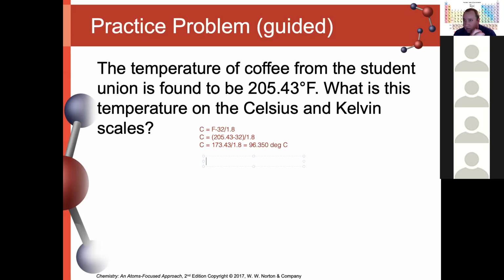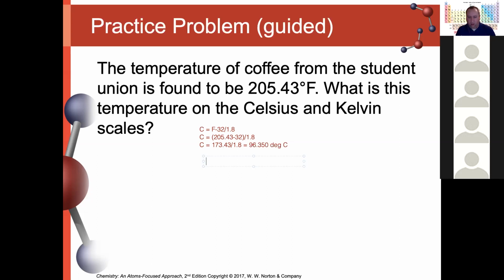So if it comes up with fewer digits than what you need, you can assume that the remaining digits are zeros that you can add on to the end. Just make sure that you don't add on digits that don't make sense. If the number is 2,000 and you need 5 significant figures, don't make it 20,000. Make it 2,000.0.